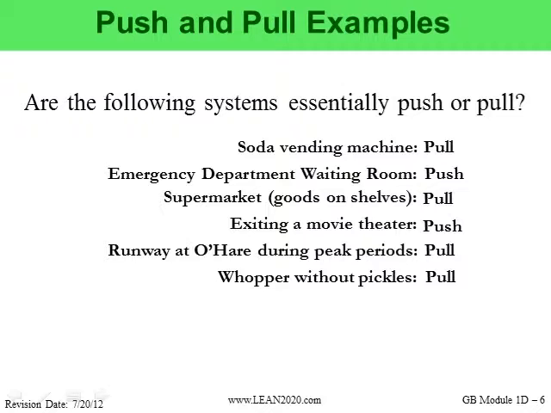Years ago, they would just manufacture and put tons of burgers on a shelf, and often they would put times on there too. And if it sat too long, they'd have to throw that out. So having pull systems would reduce the amount of food that was thrown away based on the fact that we made a lot of Whoppers without pickles that weren't sold, and they sat on our shelves for too long, and we had to get rid of them.